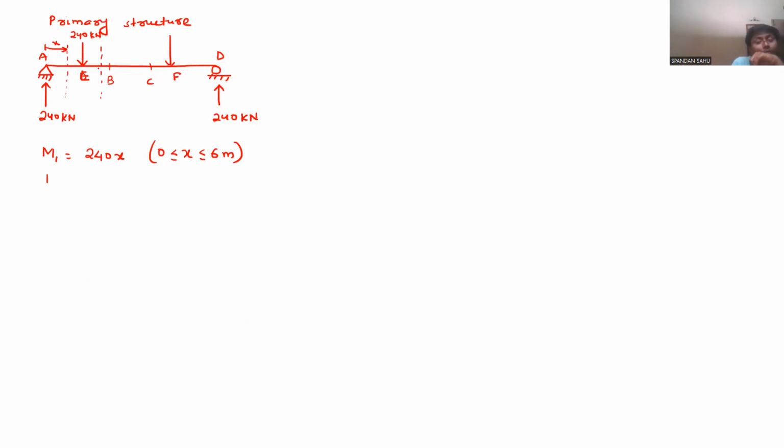Correct? Now, for example, if you cut your section here and write the bending moment, suppose M2. I will take X from here. We'll later modify because we are not going to take it from here, since it will further complicate our process. But for demonstration purposes, I am showing 240x minus 240 into x minus 6. Correct? Here x will be from, tell me.